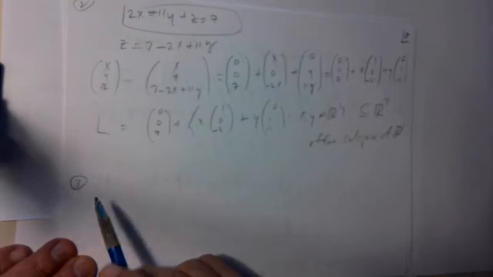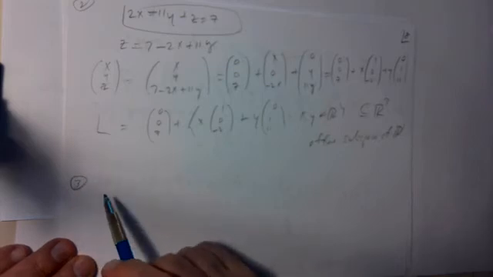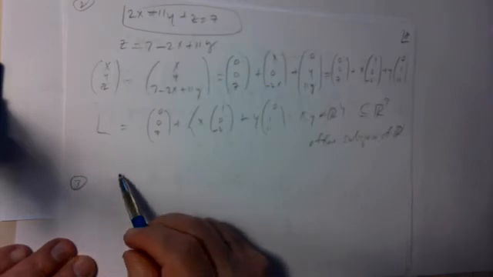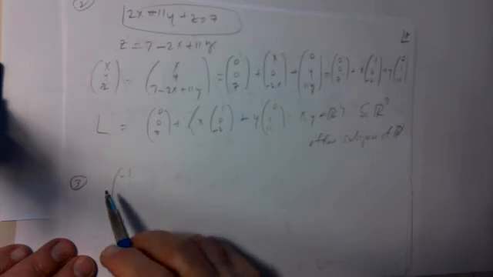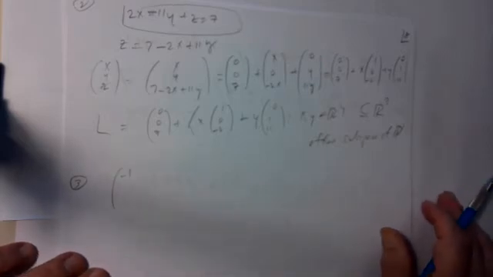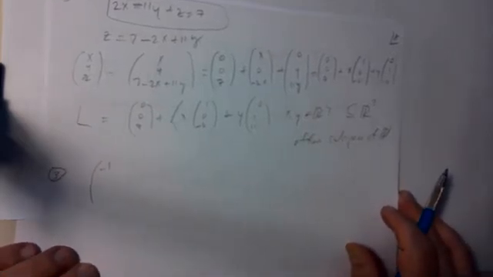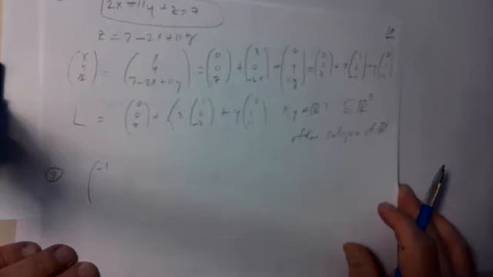And problem 3, this is just to calculate a linear combination of vectors. Wait, sorry, Professor, I want to ask a question. Go ahead. You see that C and underscore next to the R3. What does that sign mean?